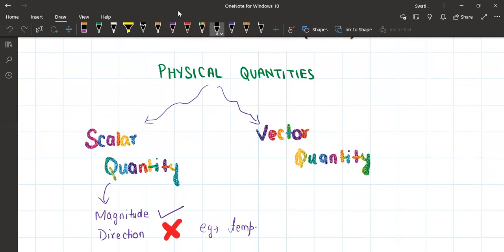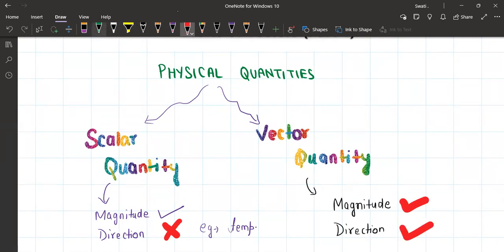So let's talk about vector quantities. All those quantities which have both magnitude as well as direction are called vector quantities. For example, force. When we are talking about force, we sometimes say that someone is applying a force of 10 Newton, right?